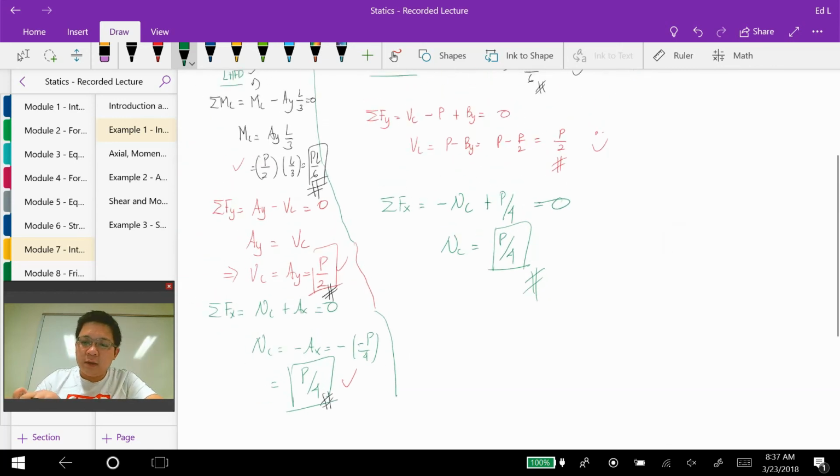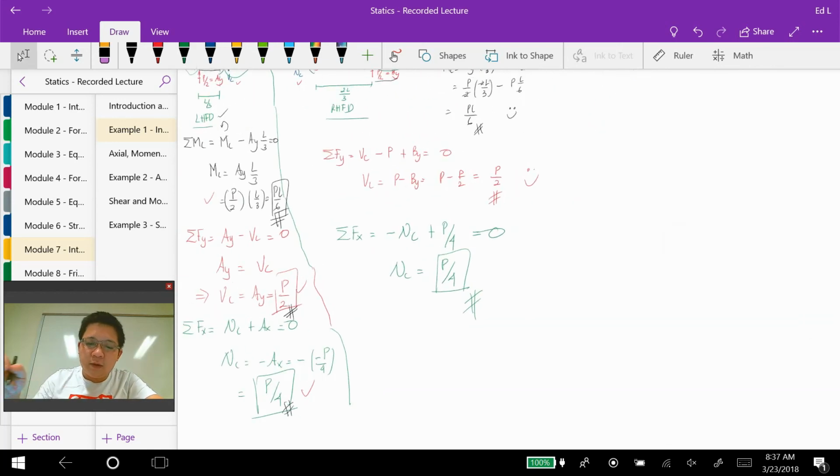So when we compare, PL over 6 and PL over 6 are the same in terms of magnitude and sign. P over 2 and P over 2, the same in magnitude and sign. P over 4 and P over 4, the same in magnitude and sign. So no matter which free body diagram you choose, the left hand or the right hand, you should obtain the same internal forces.